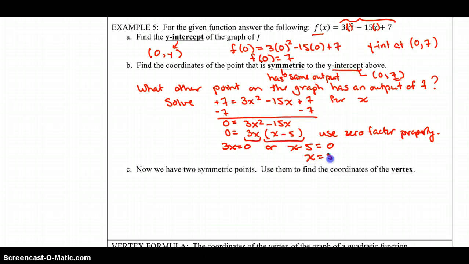This gives us x equals 0, and this gives us x equals 5. The x equals 0 one we already knew, which gives us the point we already had. But this gives us the other one: for an input of 5, we also get an output of 7. So here are our two symmetric points.